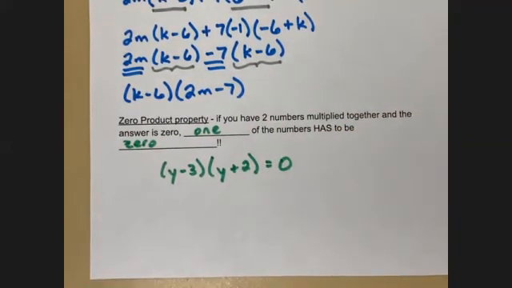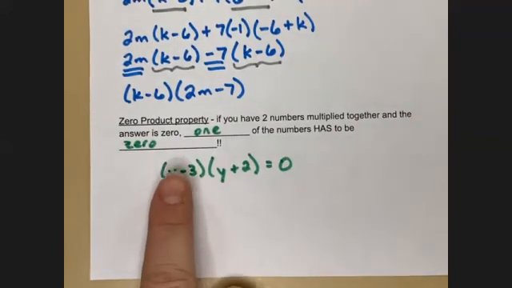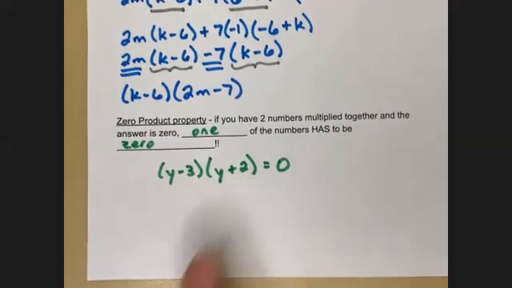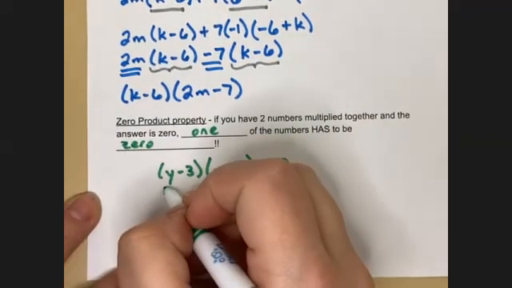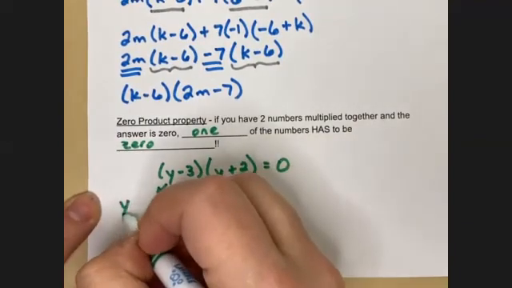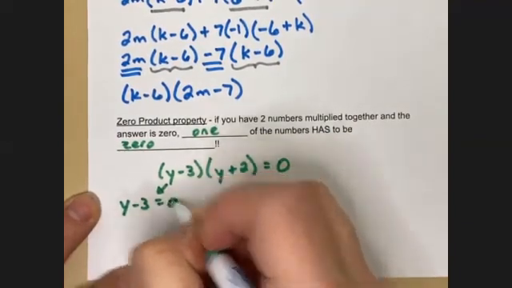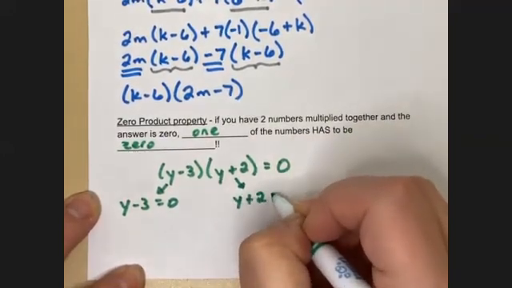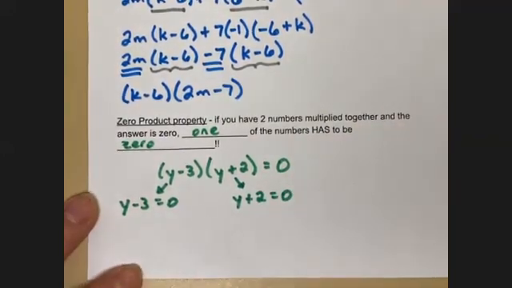So see, when I'm dealing with polynomials, this helps me because I know that either this first term has to equal 0 or the second term has to equal 0. So I'm going to pull this apart and I'm going to go y minus 3 has to equal 0, or y plus 2 has to equal 0.